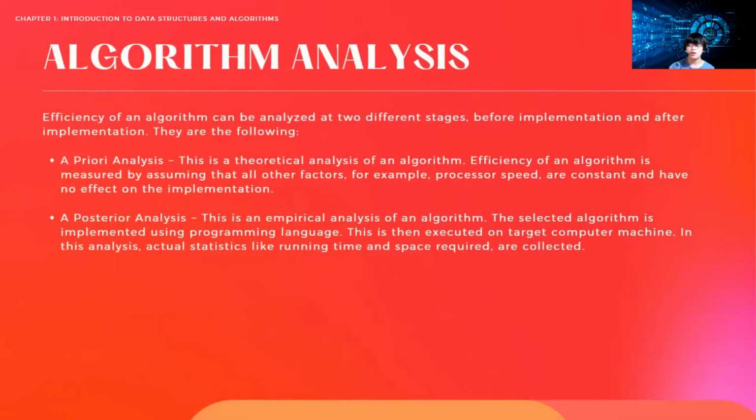A priori analysis is the theoretical analysis of an algorithm. Efficiency of an algorithm is measured by assuming that all other factors, for example processor speed, are constant and have no effect on the implementation. So it's a theoretical analysis of an algorithm. That is the priori analysis.